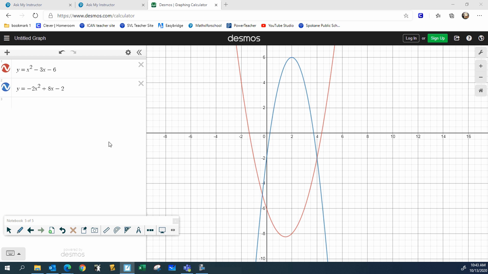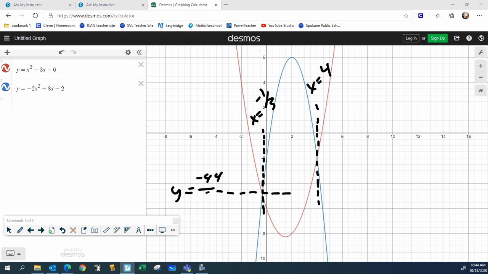Well, that first step that we did when we solved for x, we're looking at this x value right here that says, well, my first solution occurs when x equals negative 1/3. That's that value that we first found. And my second solution occurs when x equals 4. Okay? And then by plugging those x values into either one of the equations, you're going to get your y value here, which was y equals negative 44 ninths.